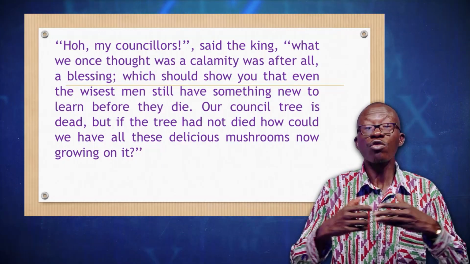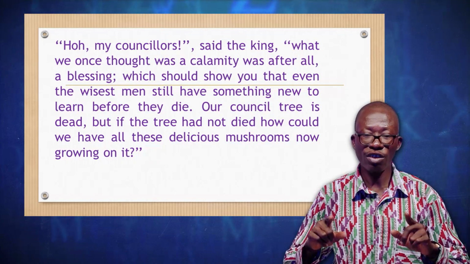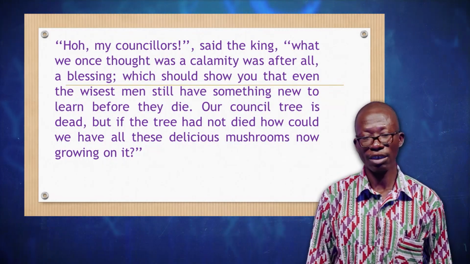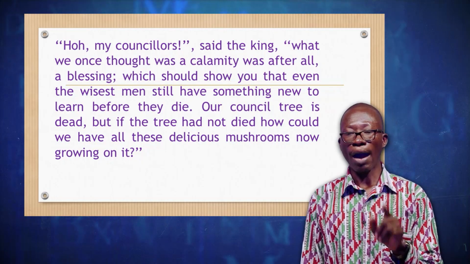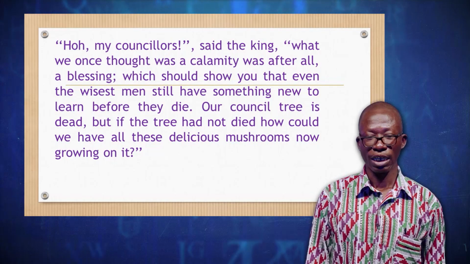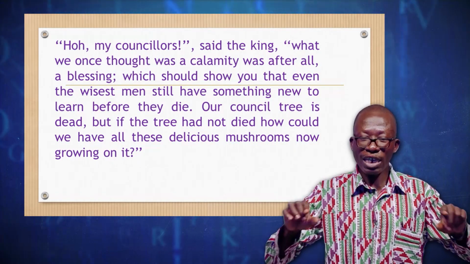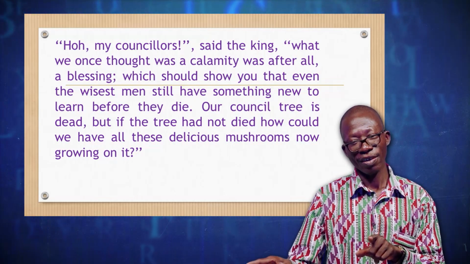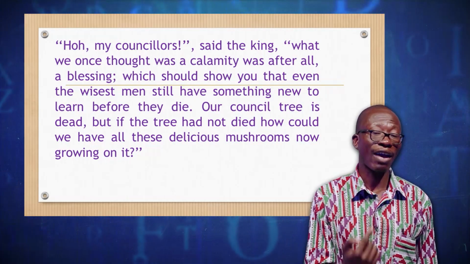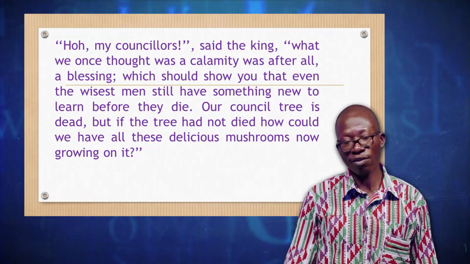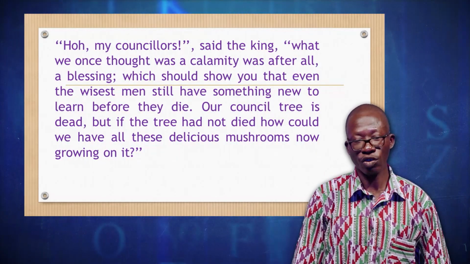So the if clause, if the tree had not died, could vanish. And the sentence will be read like, our cancer tree is dead. Hence, we have all these delicious mushrooms now growing on it. But for the fact that we have an if clause introduced there to complete that aspect of the sentence, it's turned into a question.